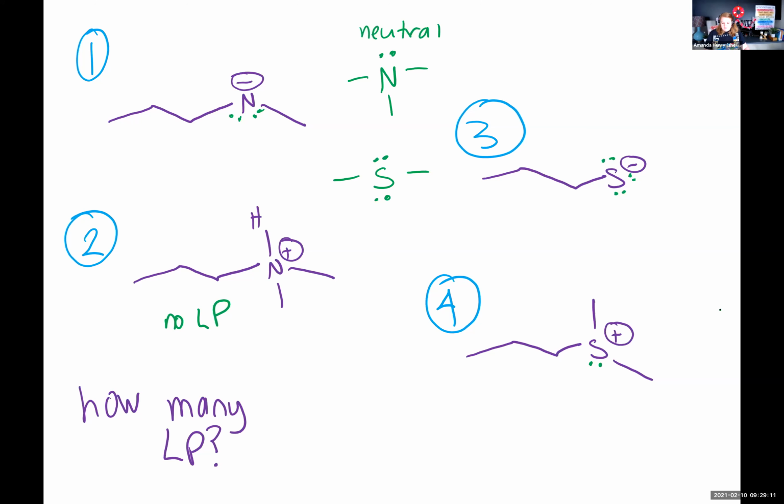Now, you might remember this from Gen Chem, you might not, you may never have been taught this, but when we have atoms that are in the same column on our periodic table, so oxygen and sulfur are right on top of each other, we know that they both have 6 valence electrons. That's what puts them in the same column, but it also means they have the exact same bonding patterns.